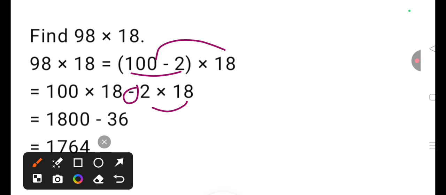Because instead of multiplying by 98, it is easier to multiply by 100 and it is easier to multiply by 2, right? So 100 into 18 is simply 1800 and 2 into 18 is 36. Now we can do the subtraction. The simple funda is that addition or subtraction is easier than multiplication, right? That's why we are doing it like this.